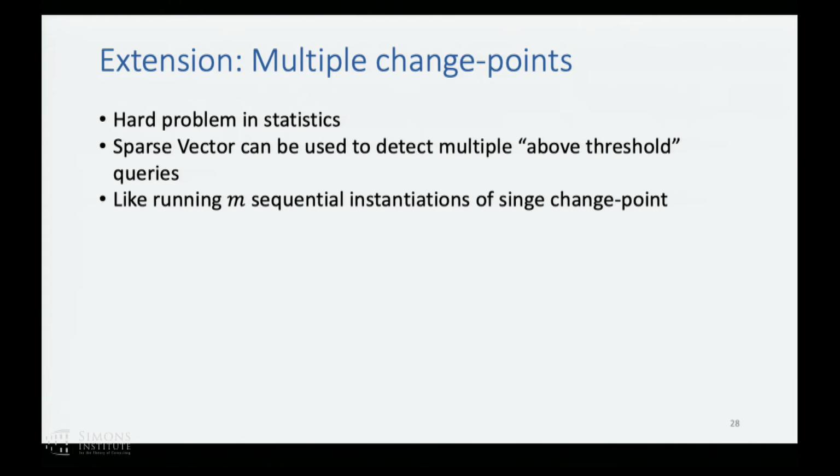And in fact, because of sparse vector, it really is just the same as running M sequential instantiations of this single change point. And so I feel this is kind of a meta point, almost like proselytizing about working across fields.